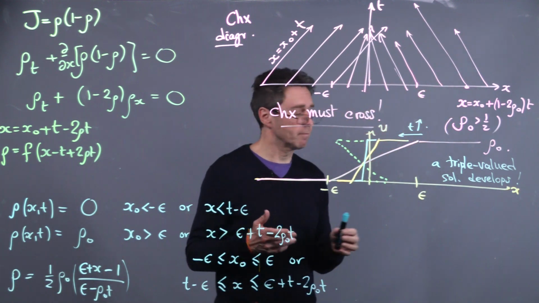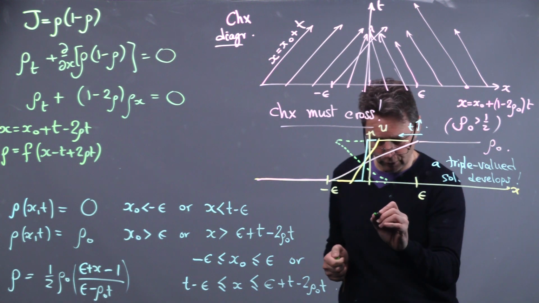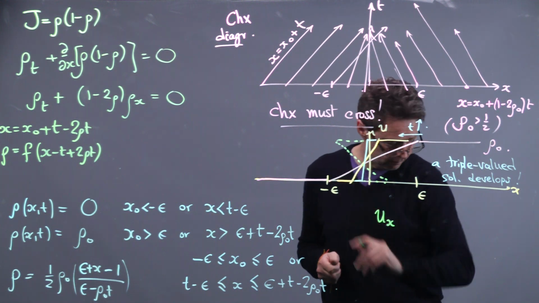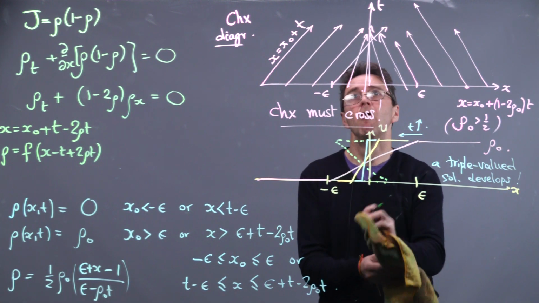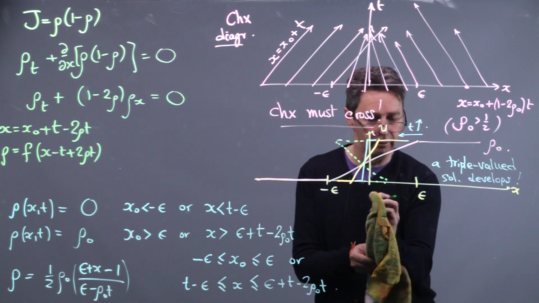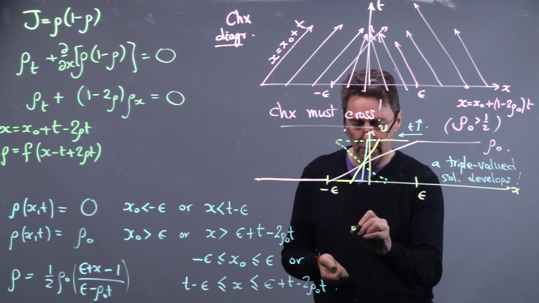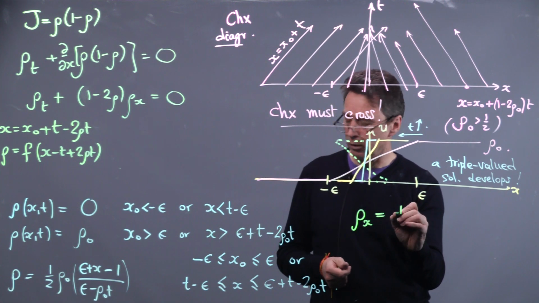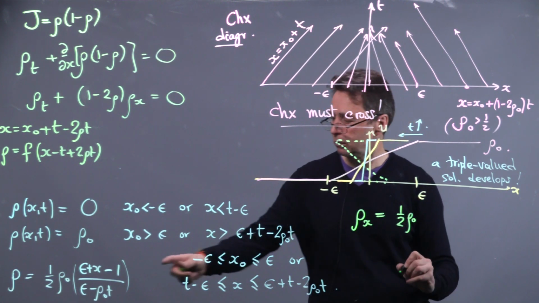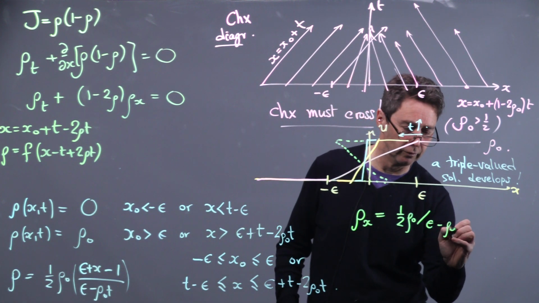When does that happen? Well, that happens when the solution goes vertical. Let's have a quick look. We're using rho now. I'm going to try not to confuse u and rho. Rho is what I like to use for traffic flow problems. So rho x, what is that? Well, I can just come down here. It's 1/2 rho 0 divided by epsilon minus rho naught t.